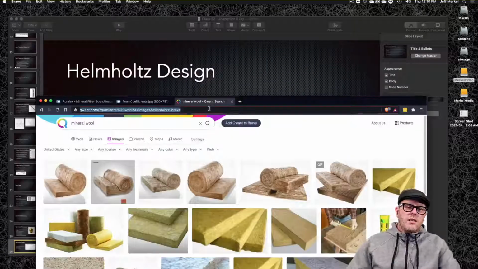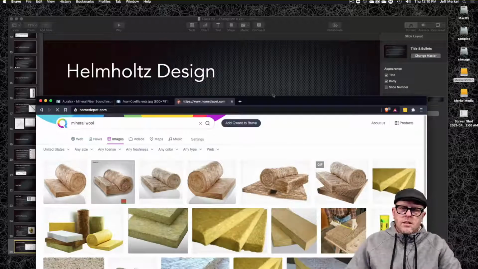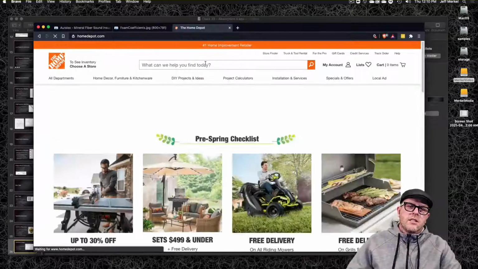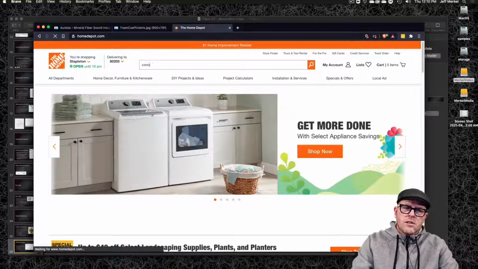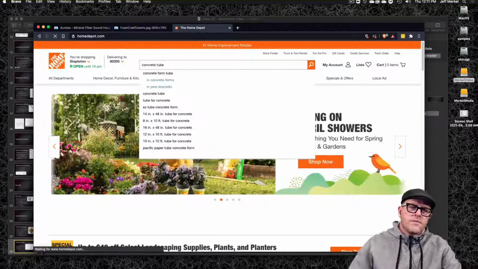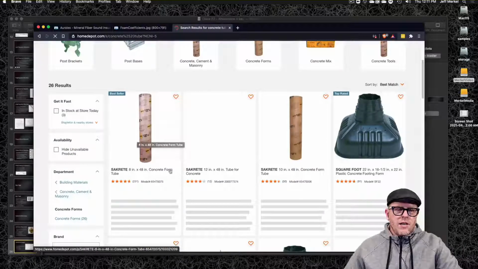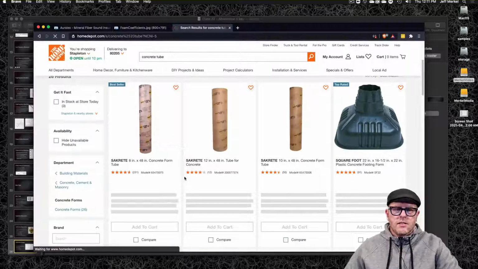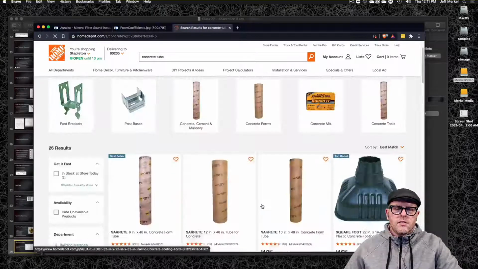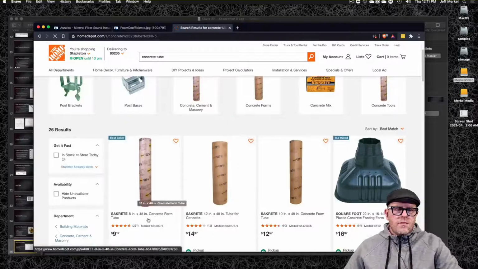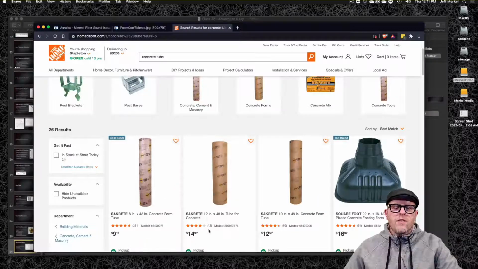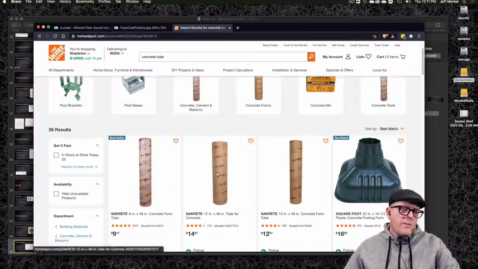Let's look at, so these are those concrete tubes right here. How much are they costing? Okay, so a 12-inch one for 4 feet is 14 bucks.